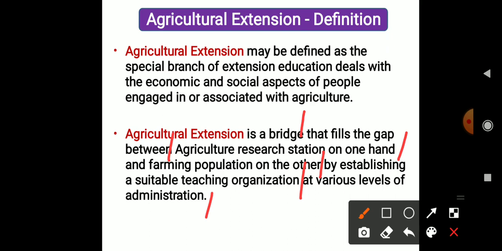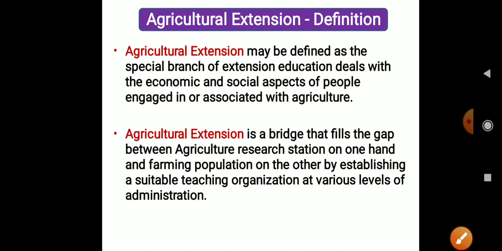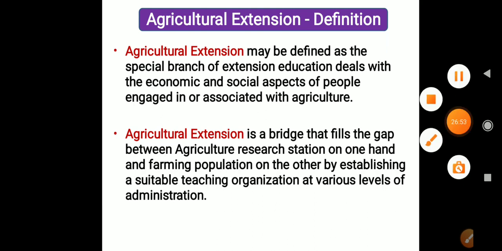They are going to be asked in the exam. Also from the objective point of view, these definitions, concepts and meanings are most important, because they are going to be asked in fill in the blanks. So that is the beginning of today's lecture related to our course. Okay, thank you. In the next lecture we will see the scope and importance of extension.